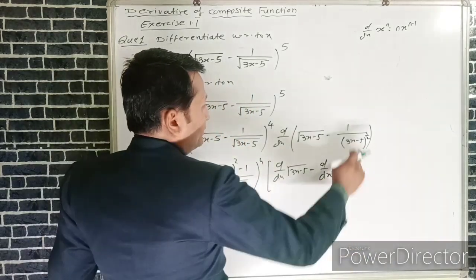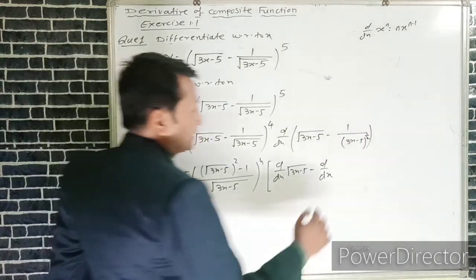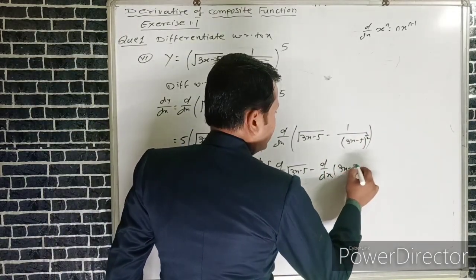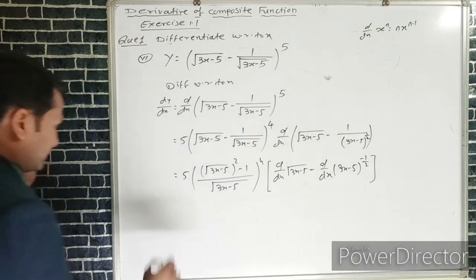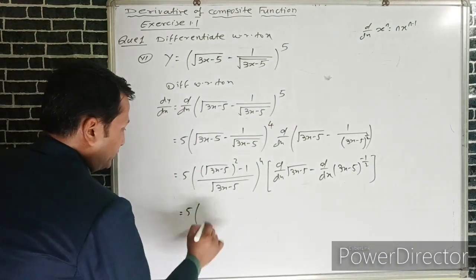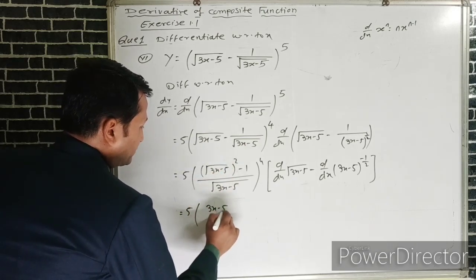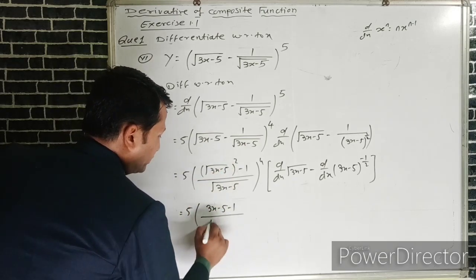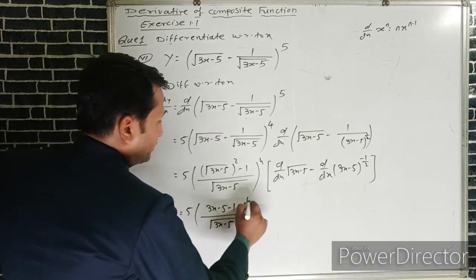And if we take this other term in the numerator, then we can also write it as (3x − 5) whole raised to the power −1/2. Then again 5 into, the root squared is cancelled, (√(3x − 5) − 1/√(3x − 5)) as it is whole raised to the power 4.